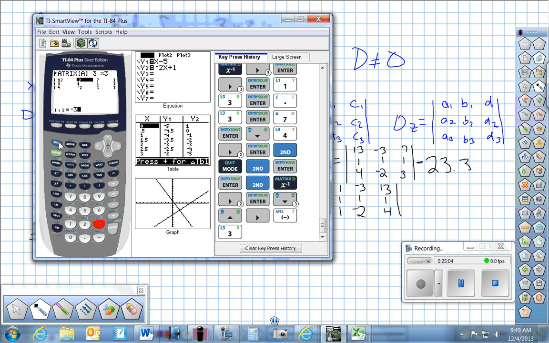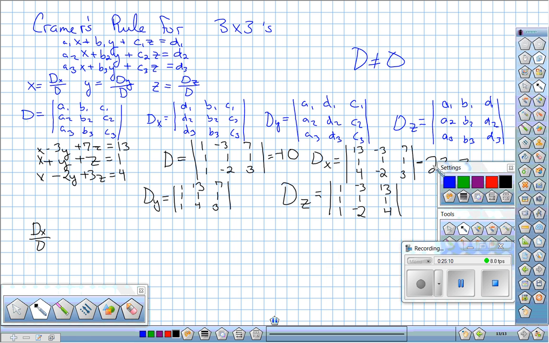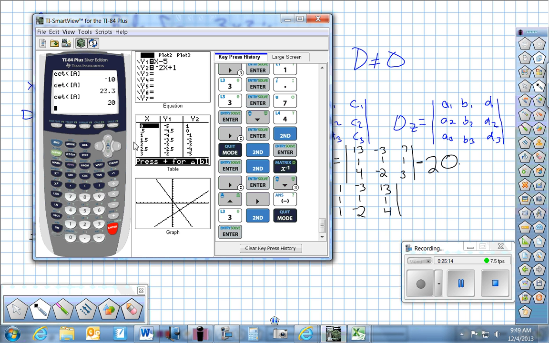So I did that one wrong. So I'm going to quit out of there, enter again, and now I get 20. So over here, I write 20 now, just to keep track of it. Anytime I get a weird number, I just want to go back and definitely recheck everything I typed in.